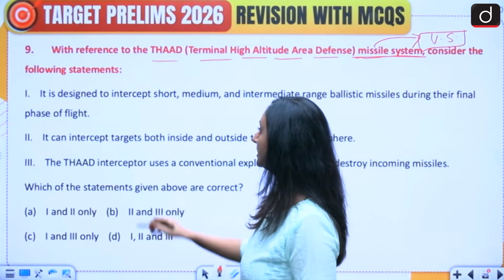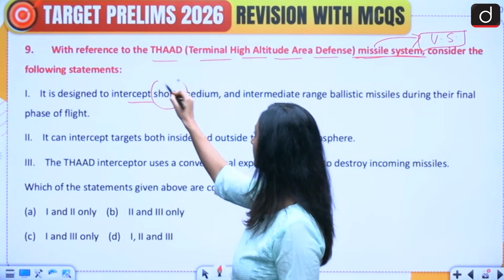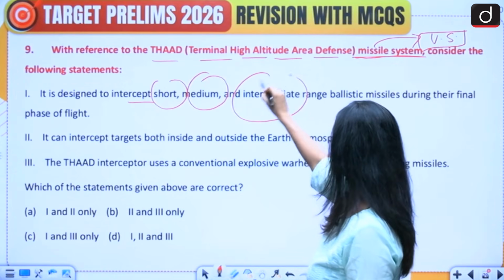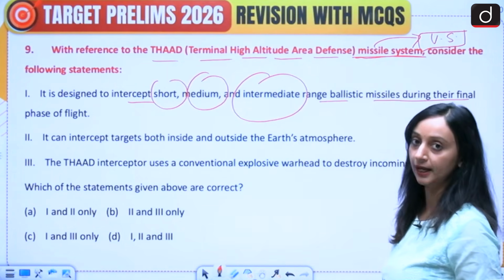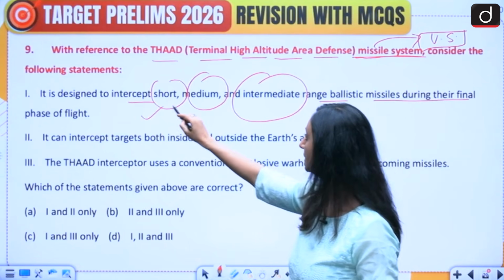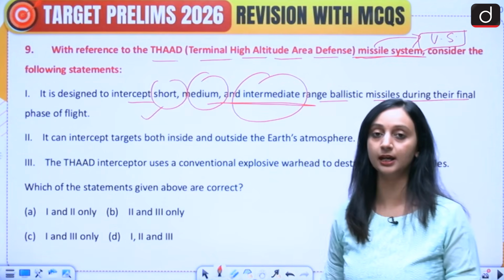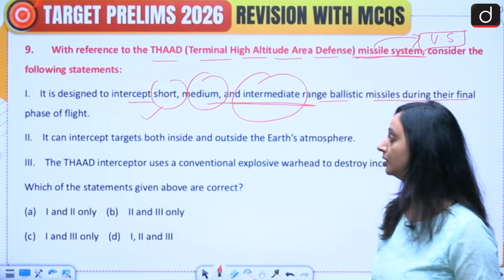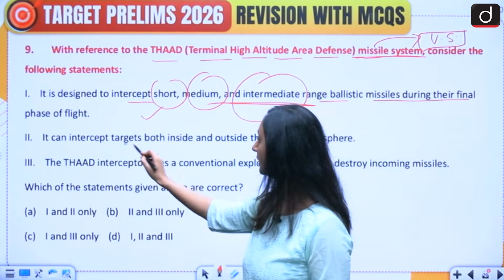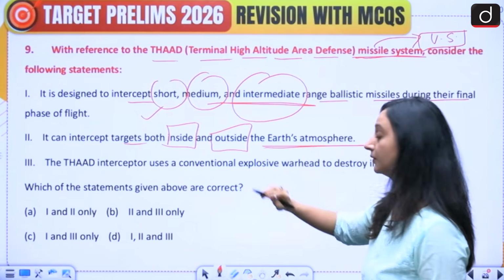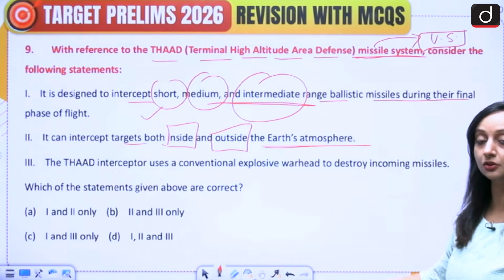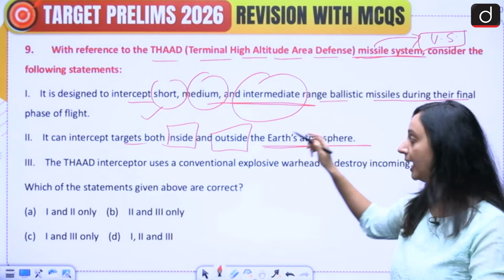So the first statement says that it is designed to intercept short, medium and intermediate range ballistic missiles during their final phase of flight. Correct. Okay. It can intercept targets both inside and outside the Earth's atmosphere. This is actually a unique, very interesting feature of this missile system, and this is true.